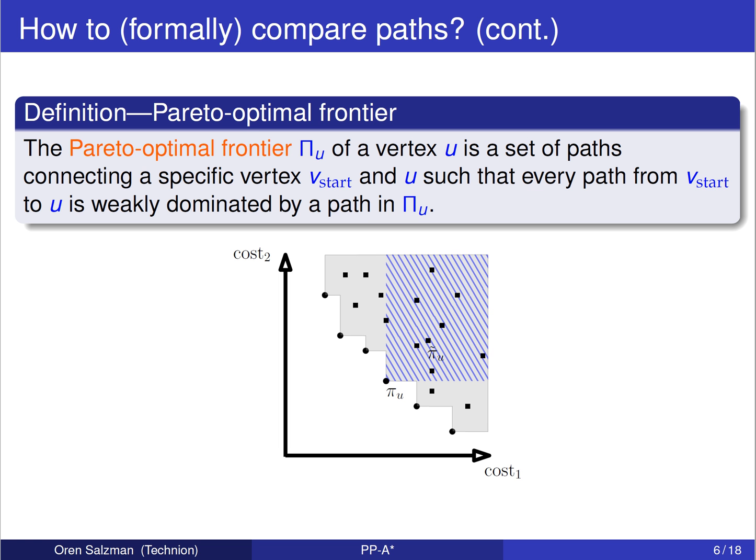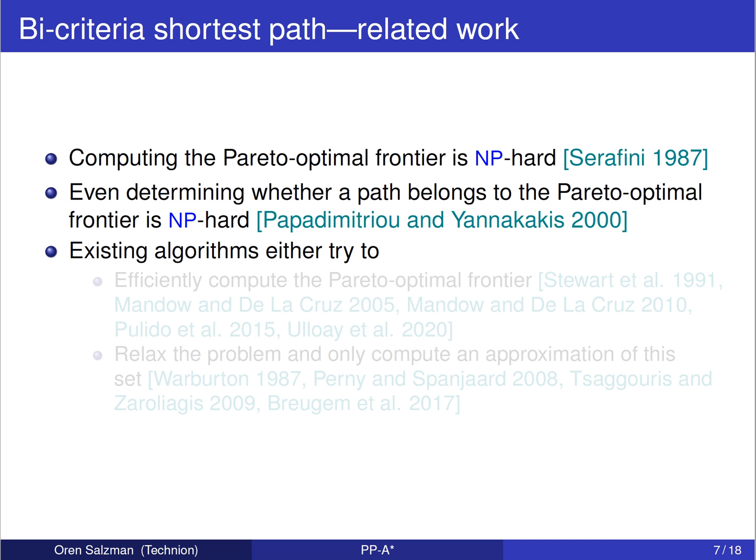If we look at this pictorially, we have a set of paths, and if we take all paths such that for each one there's no path to the bottom left of it, we get the Pareto-optimal frontier. And we can easily see that all other paths are to the top and right of one of these paths in the Pareto-optimal frontier.